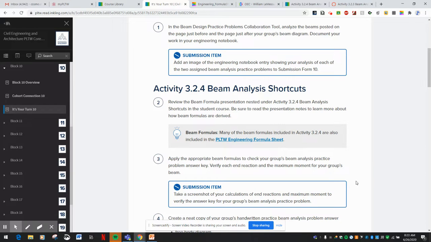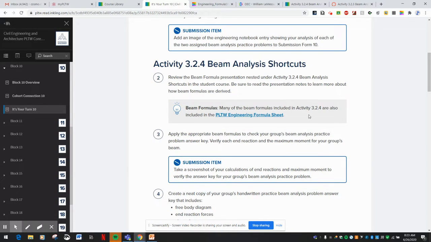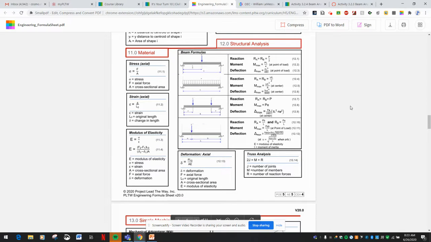So it says here where we get into the beam analysis shortcuts, and I'm going to show you where they are in the formula sheet. They're on CEA page 4, POE page 5. They're right here. Right now, we're going to focus only on the reaction and moment, and max deflection and maximum moment.